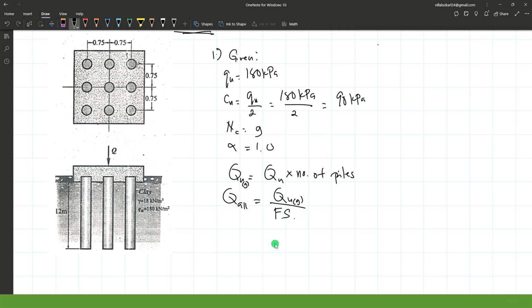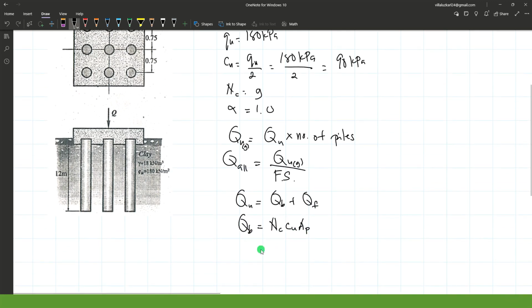Okay. So let's now determine the ultimate bearing capacity for a single pile. QU is equal to QB plus QF. For the end bearing capacity of a single pile, we have a formula of NC times CU times the area of the pile. So substituting those values, we have 9.